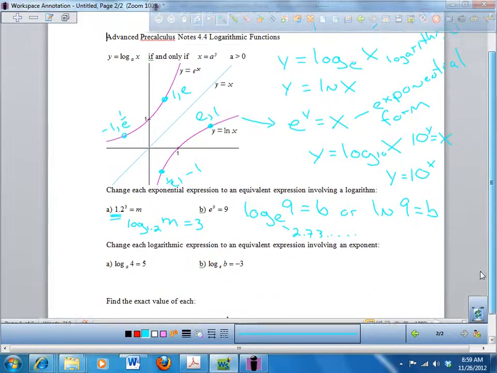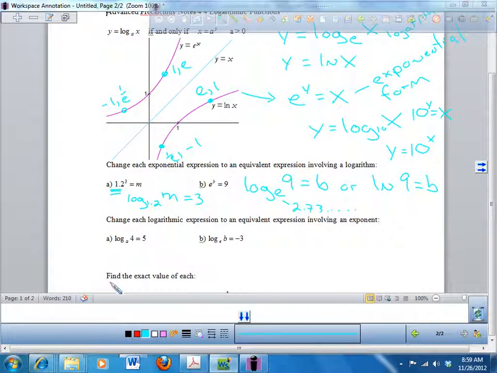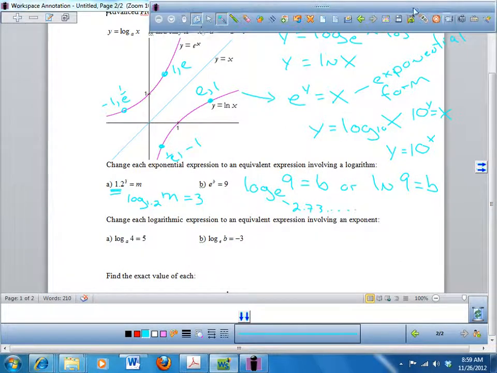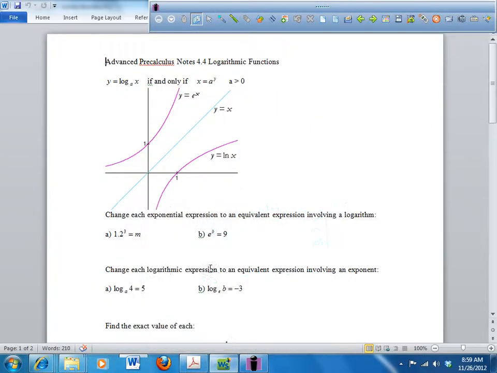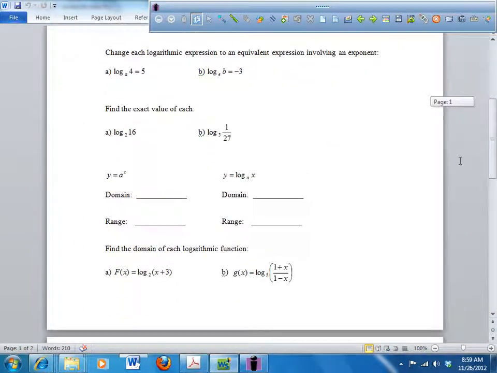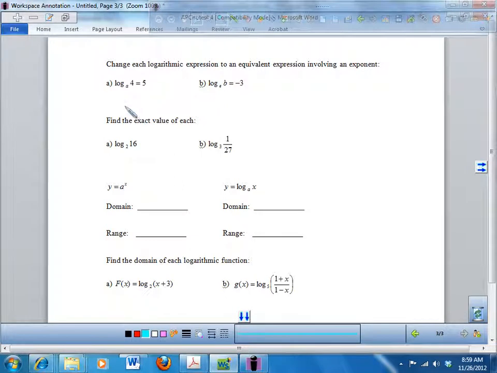Okay, I want to move on. All right, find the exact value. Let's go back to this next one. These should be relatively easy now, I think. How could I rewrite this? 8 to the 5th equals 4.